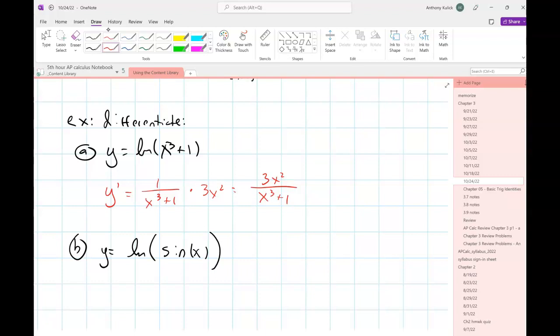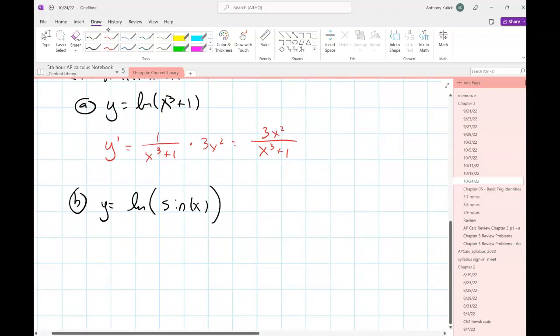Okay, what if we have y equals the natural log of sine x? What do you notice? It's another chain rule problem, right? What's the outside? The natural log. So the derivative of the natural log is 1 over x, but in this case, since it's a chain rule, it's really 1 over the inside.